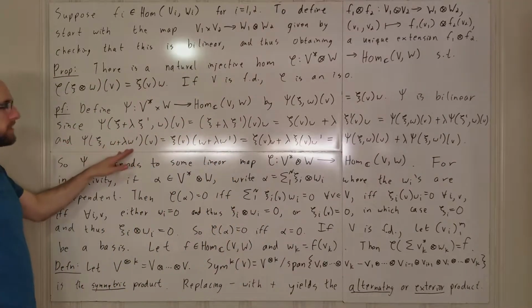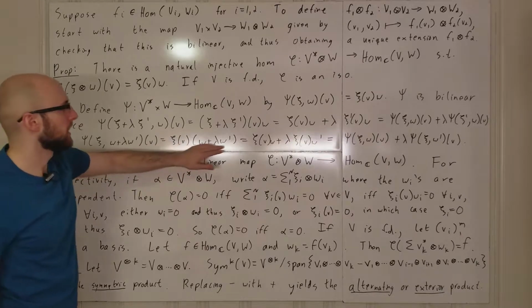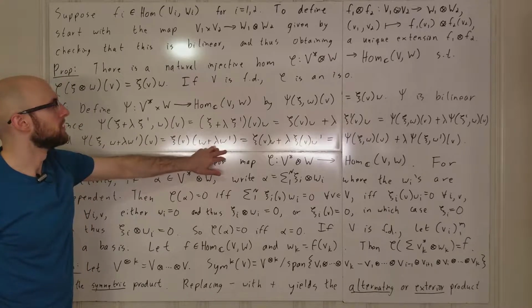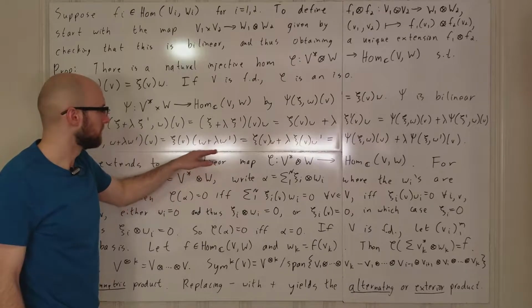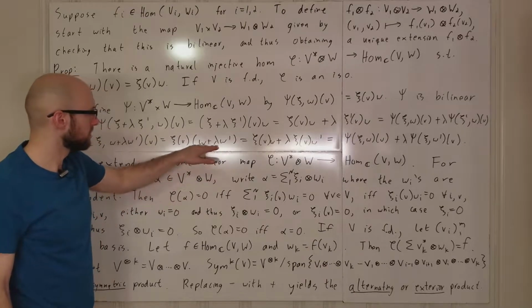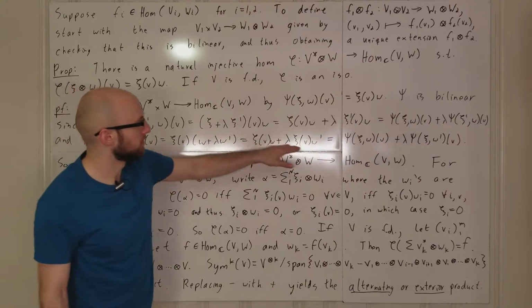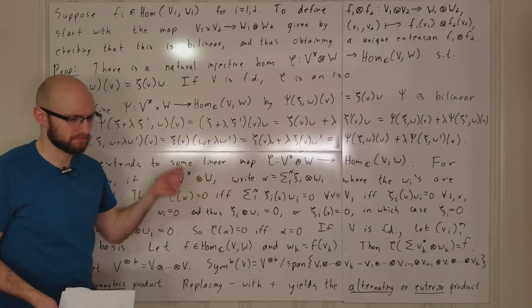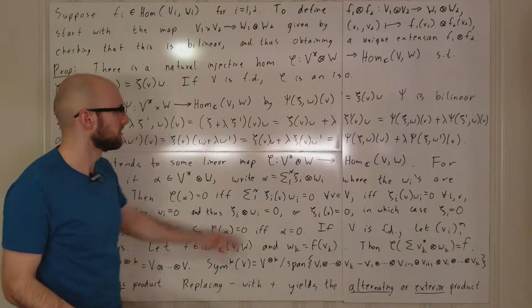As for linearity in the second coordinate, if we fix the first one, this is just by definition, but now this is just a complex number, and this is a vector in W. And so by linearity of vectors in W, you can just distribute this constant through to the two terms. This is basically just distributivity of multiplication.